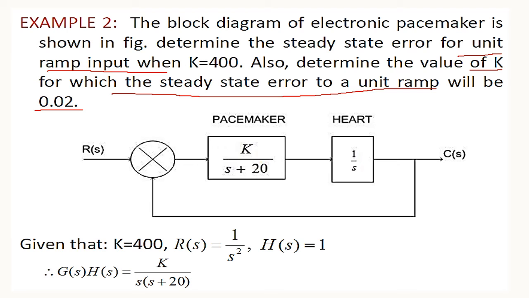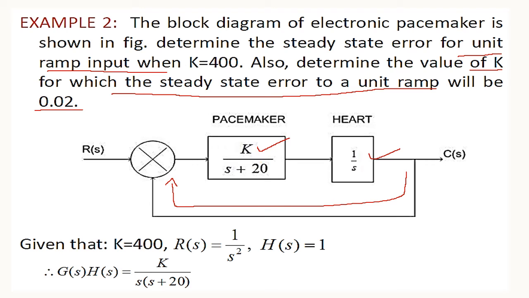As we know, the value of K is given in the forward path, and there is one more block, 1 by s. So we have one block, the pacemaker, and the other block is the heart, and this is a closed loop control system.